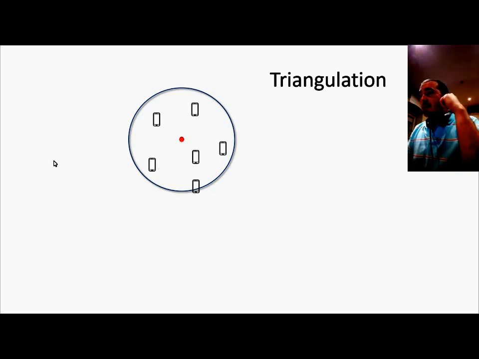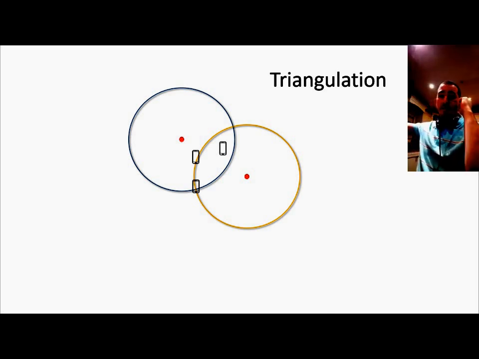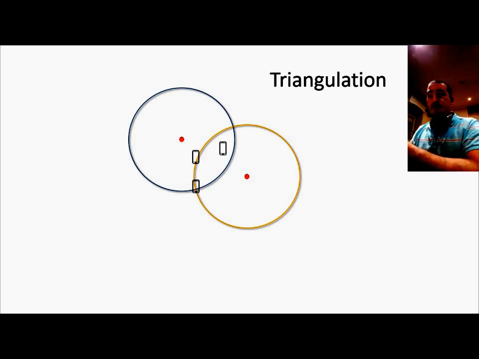Now let's imagine that my phone can also see a second cell tower, another one 15 kilometers in that direction. Now there's a little bit of overlap between these two towers, and Google is starting to zero in a little bit more on where I most likely am. Now let's imagine that there's a third tower, or maybe a Wi-Fi router. We know that Google's quite good at using our Wi-Fi routers, knowing which ones we're connected to, to triangulate our location.